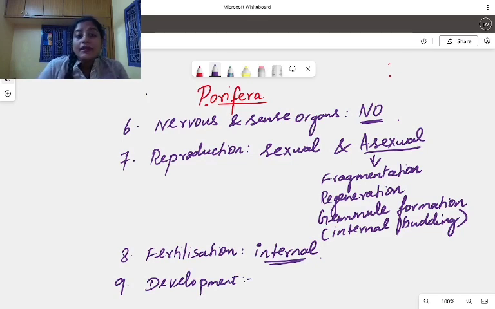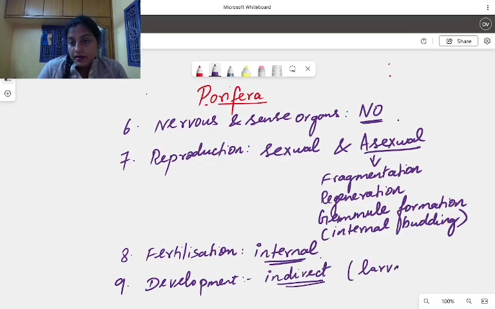Direct development means there will not be a larval stage. Here this is indirect development, which means there is a larva stage present. So whenever you come across phyla where there is indirect development, you have to know the larva names. Larva names are highly repeated in the exams.